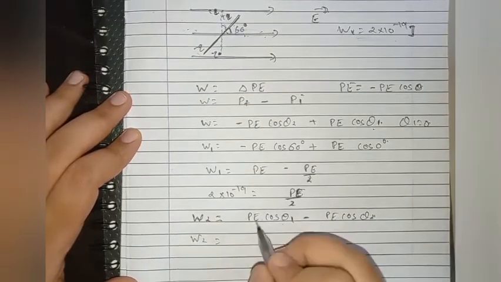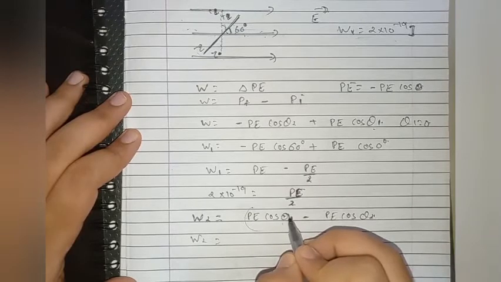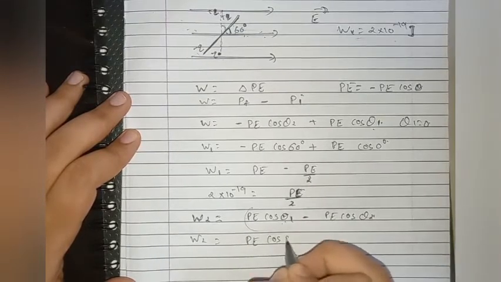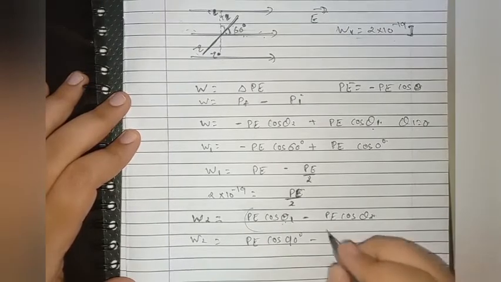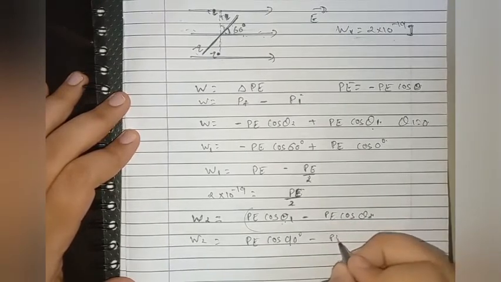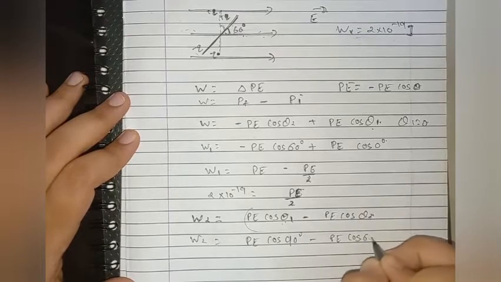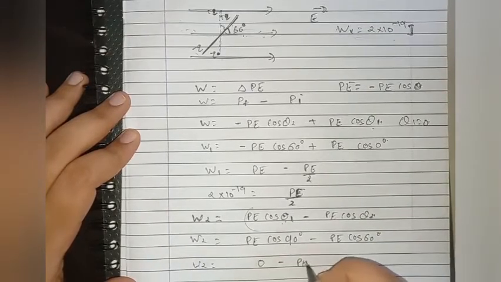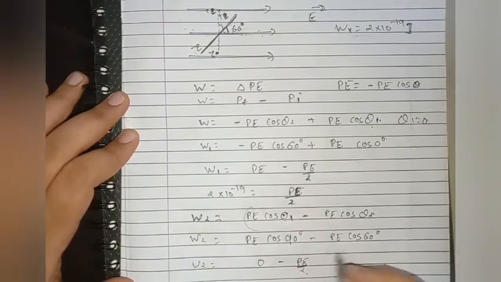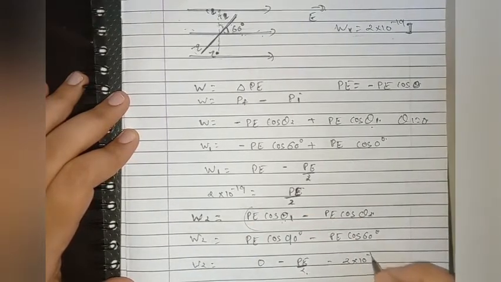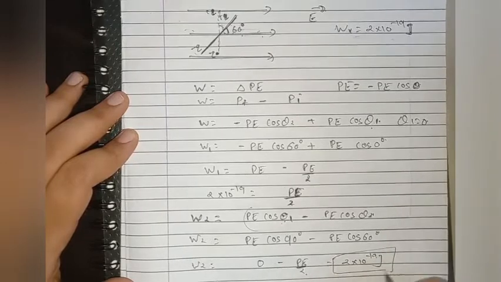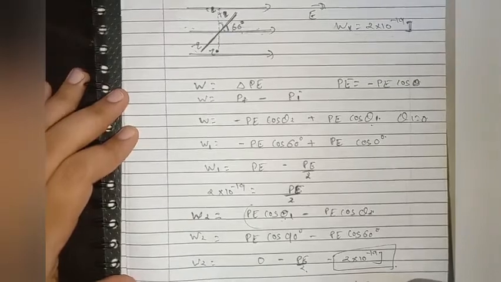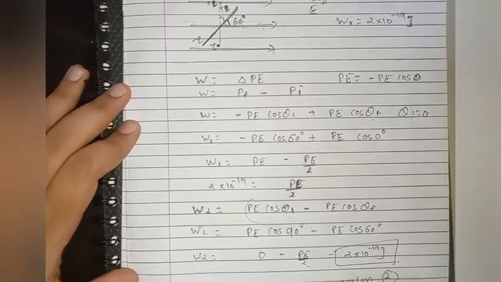In the second case, finally it is perpendicular to the electric field, so theta 2 will be 90 degrees. So PE cos 90 degree minus, initially it was located at 60 degrees, so PE cos 60 degree. So W2 equals 0 minus PE by 2, but PE by 2 is 2 into 10 power minus 19 joule. So option 2 is the correct option.